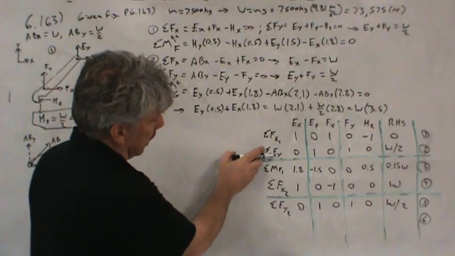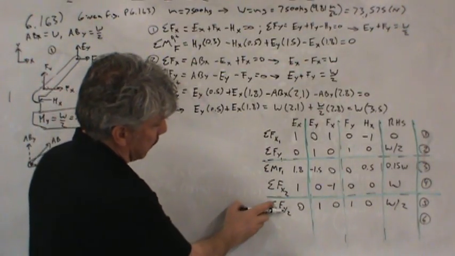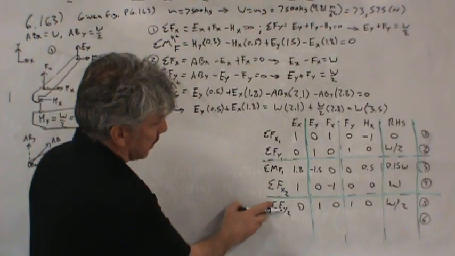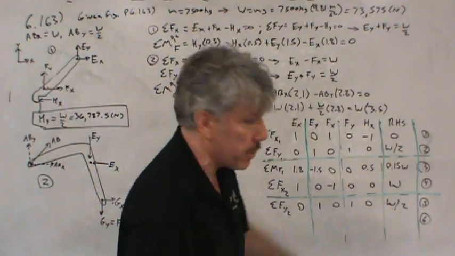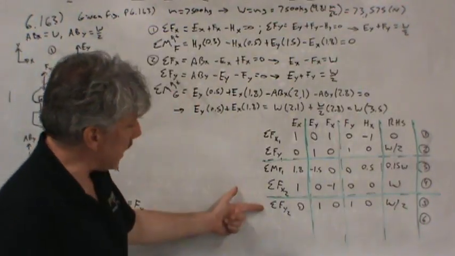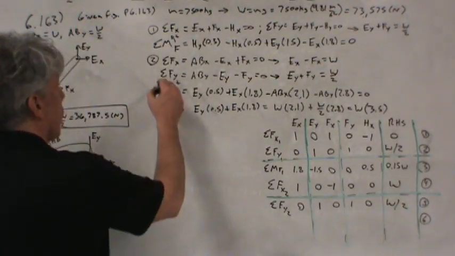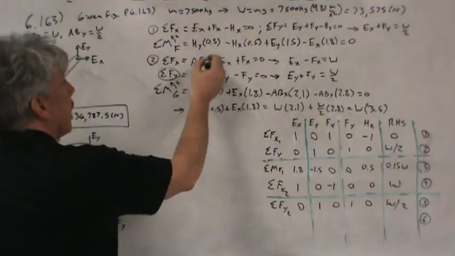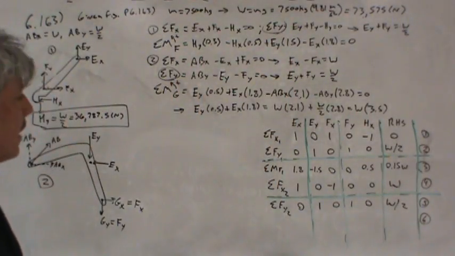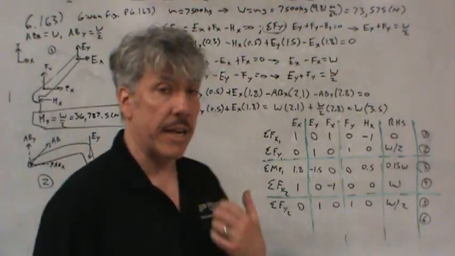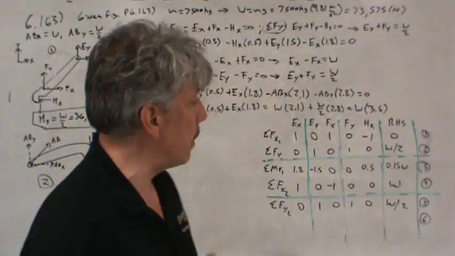The sum of forces in the y direction for body 1 and for body 2 are redundant equations. They have the same coefficients and the same result. So I haven't gained another equation. This equation here and this equation here are in fact identical to one another. They don't present any new information. So in reality, I don't have 6 equations. I've got 5 independent equations.